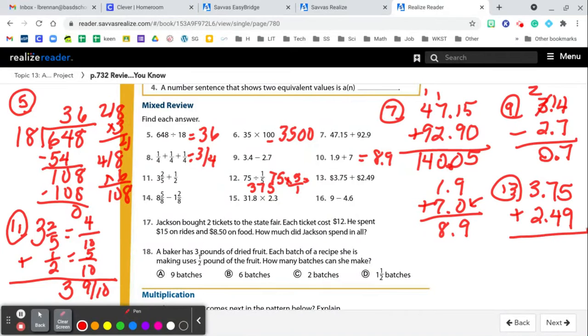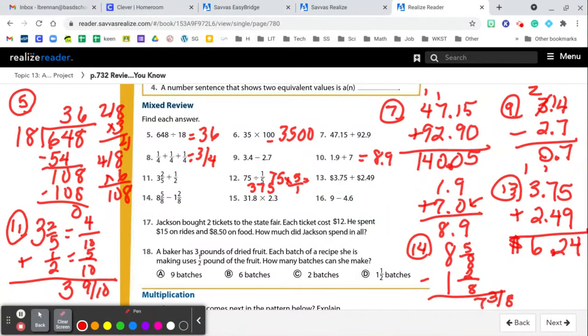When you're subtracting, you have to line up your decimals as well. 6.24, and we always write the dollar sign. For number 14, 8 and 5/8 minus 1 and 2/8. We just subtract, 3/8, so we have 7 and 3/8.